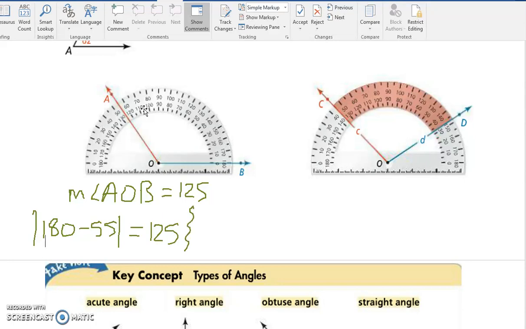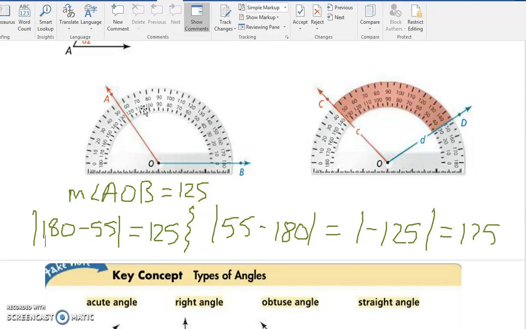Or just like with our discussion on distance or length, I could go in absolute value 55 minus 180. That would actually get me negative 125, but in absolute value, that ends up with positive 125. So there's a couple ways that I could figure that out. I think the first one, where you just look at it and start at 0 and go that way, is probably the easiest. Okay, let's do one more example here before maybe I pause the video.